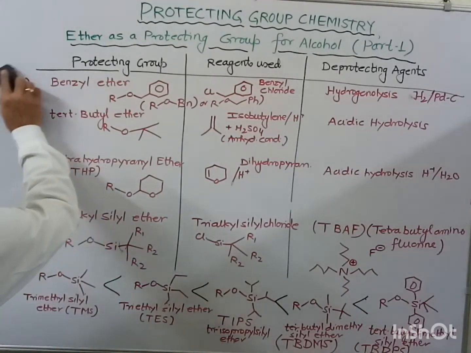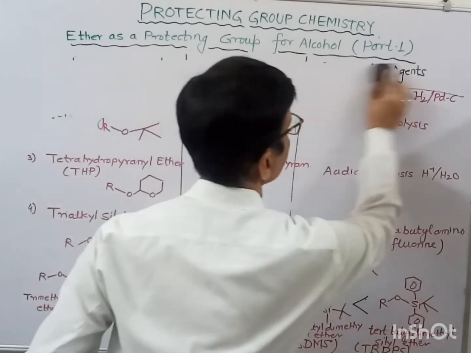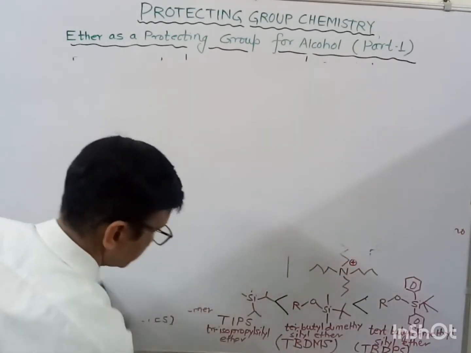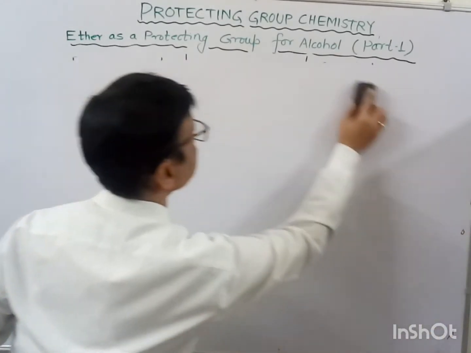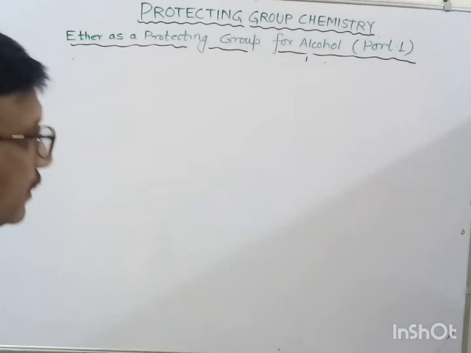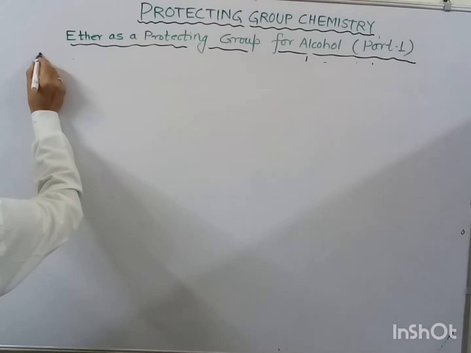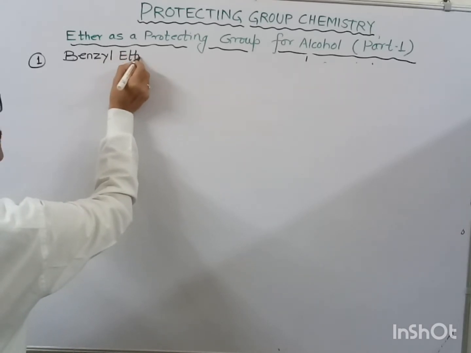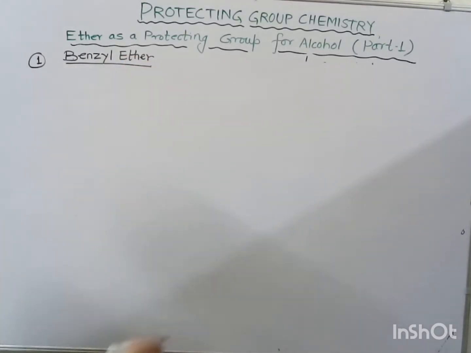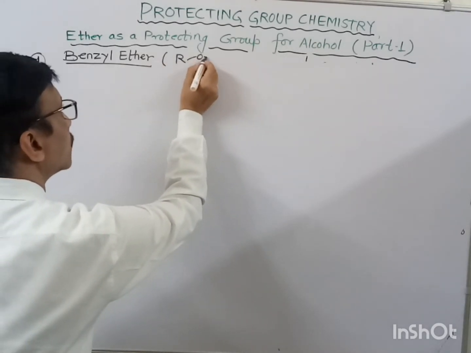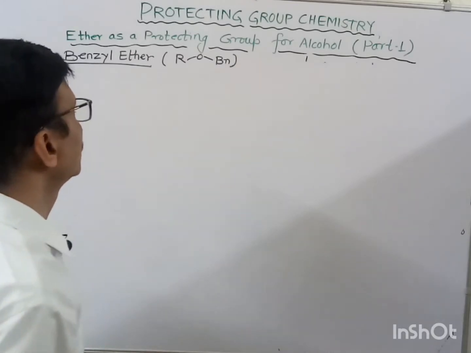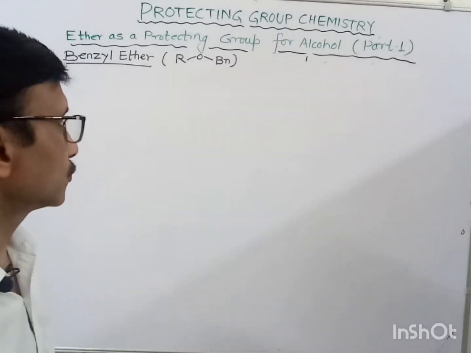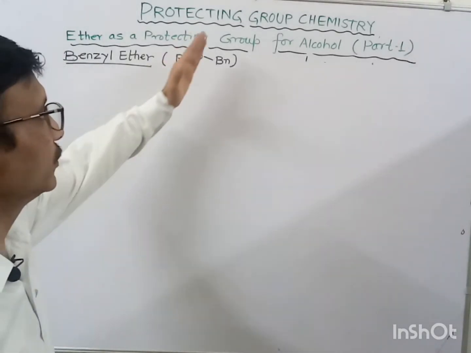First, I will discuss the benzyl ether. We write it as ROBn. The deprotecting agent used is hydrogen with palladium on charcoal, and hydrogenolysis of this bond takes place.